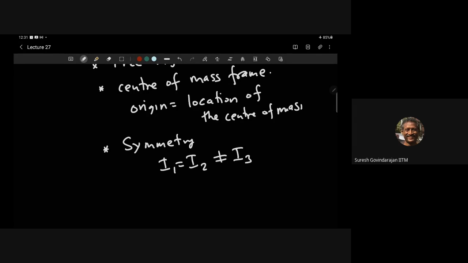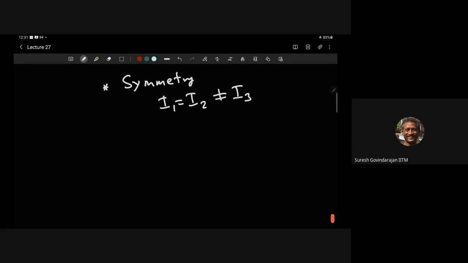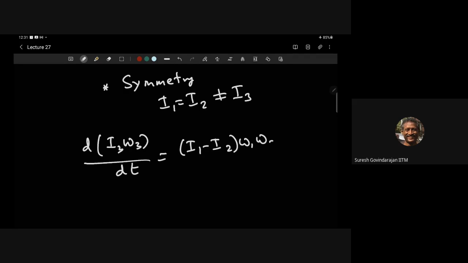Now let's look at d(I3 omega 3)/dt. This was equal to (I1 minus I2) omega 1 omega 2. But I1 is equal to I2, so this becomes 0.